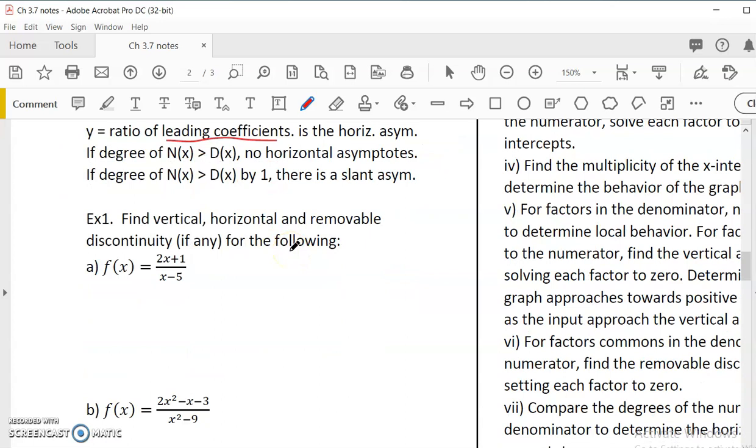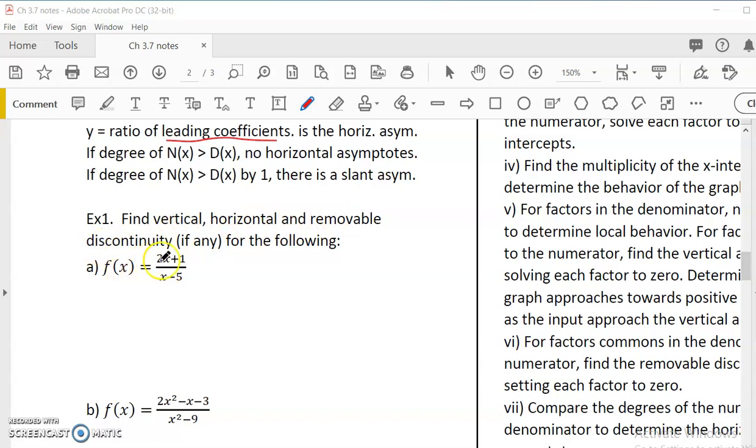In all of these 3 cases, we want to find out what is the vertical asymptote, what is the horizontal asymptote, and what is the removable discontinuity.